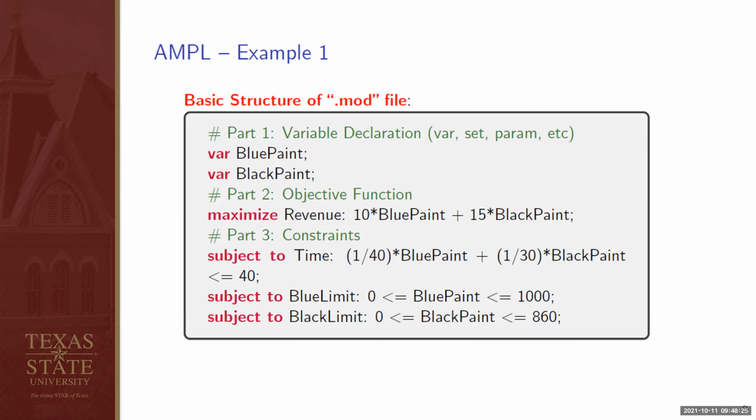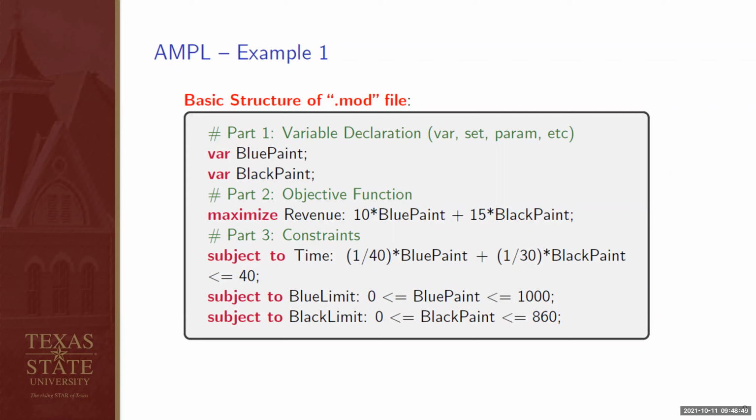And then part 3 are the constraints. So our constraint in terms of time is 1/40 times the decision variable blue paint plus 1/30 times the decision variable black paint, all that less than or equal to 40. And then we have the limitations for the demand for blue limit and black limit.